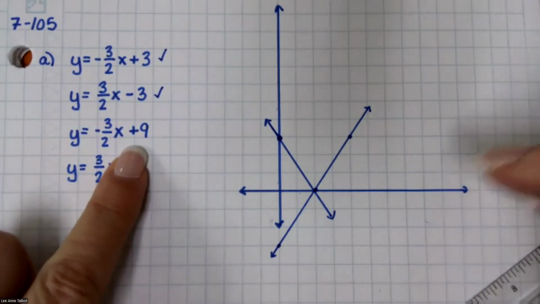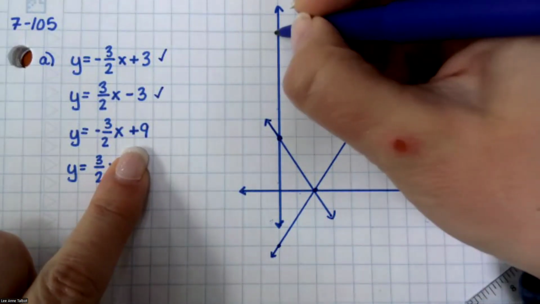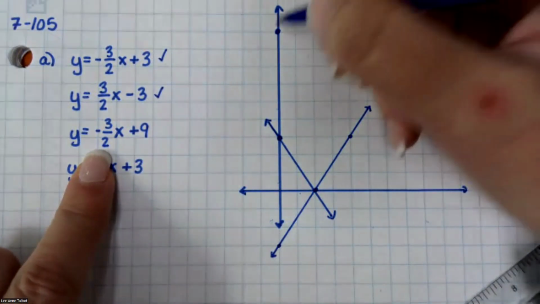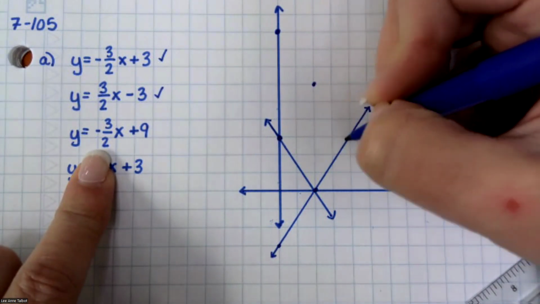Okay, next one, up 9, down 3 over 2, down 3 over 2.